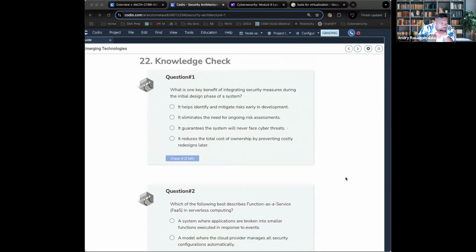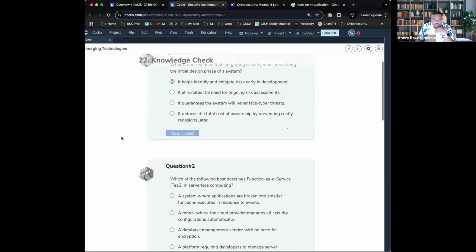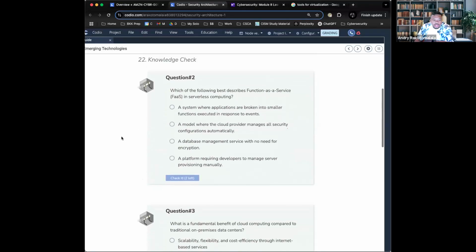Okay, we got a lot of people saying A. That is correct. So the benefit is that you get to identify and mitigate the risks early in the development. Well done. Next question.